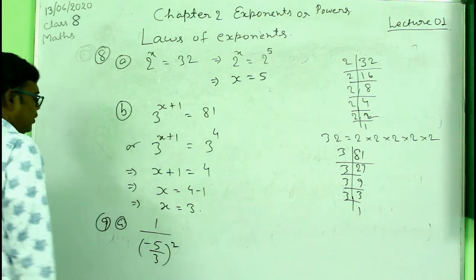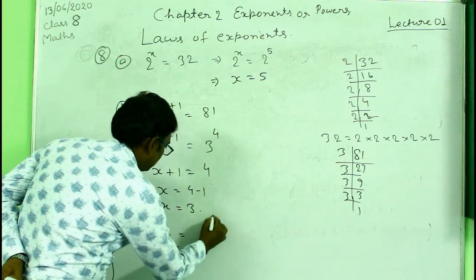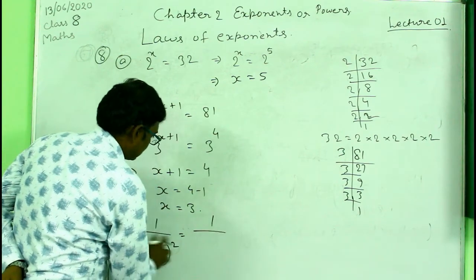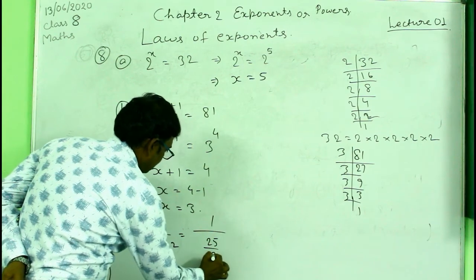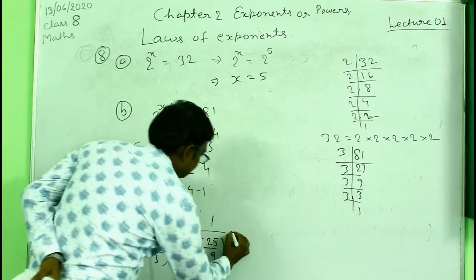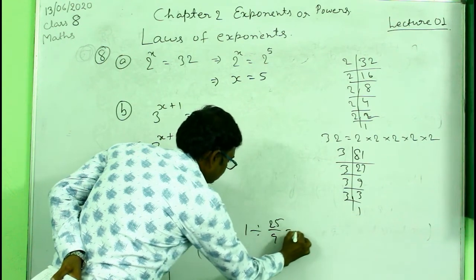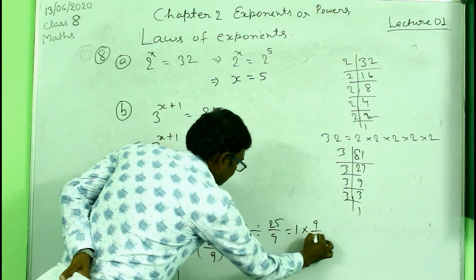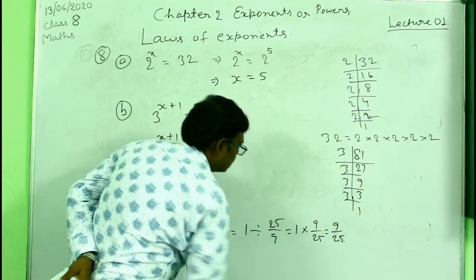We have to find the value of this. Minus 5 square will be 25 and 3 square will be 9. So then you will write 1 divided by 25 by 9, which is equal to 1 into 9 by 25, equal to 9 by 25. That is the answer.